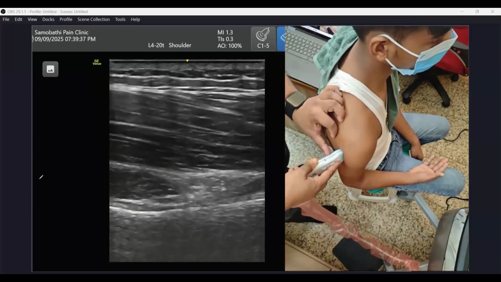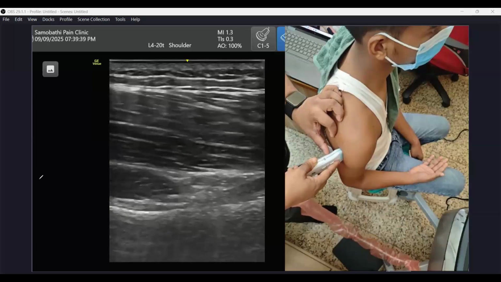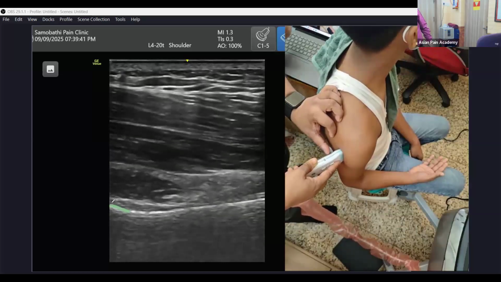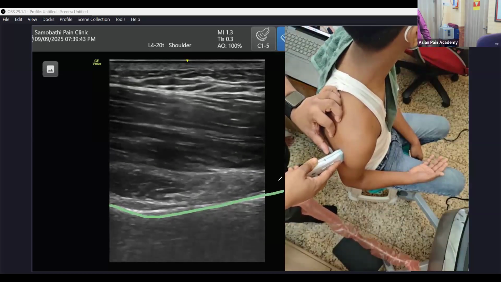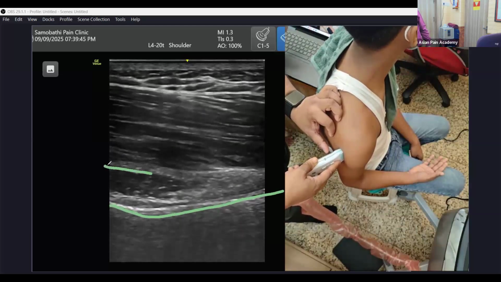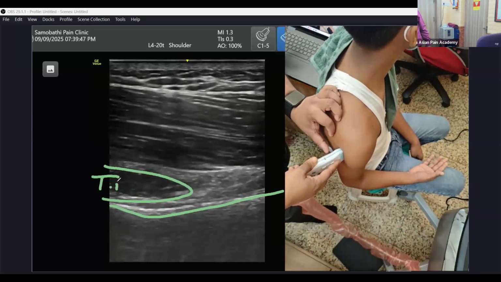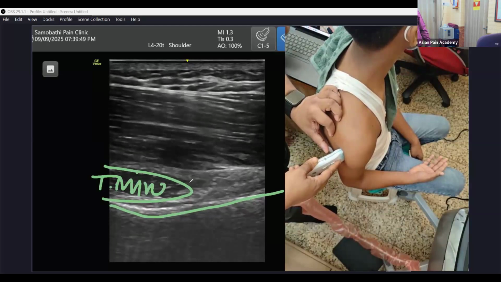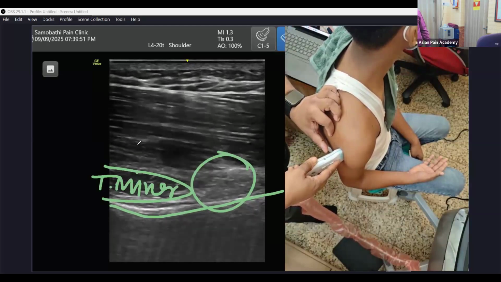Okay, Sir, can you point the shaft of humerus here? Yes, the below bone, the humerus bone, yes, that part. Over it we can see the vessel, and just by the side of the vessel remains the nerve.